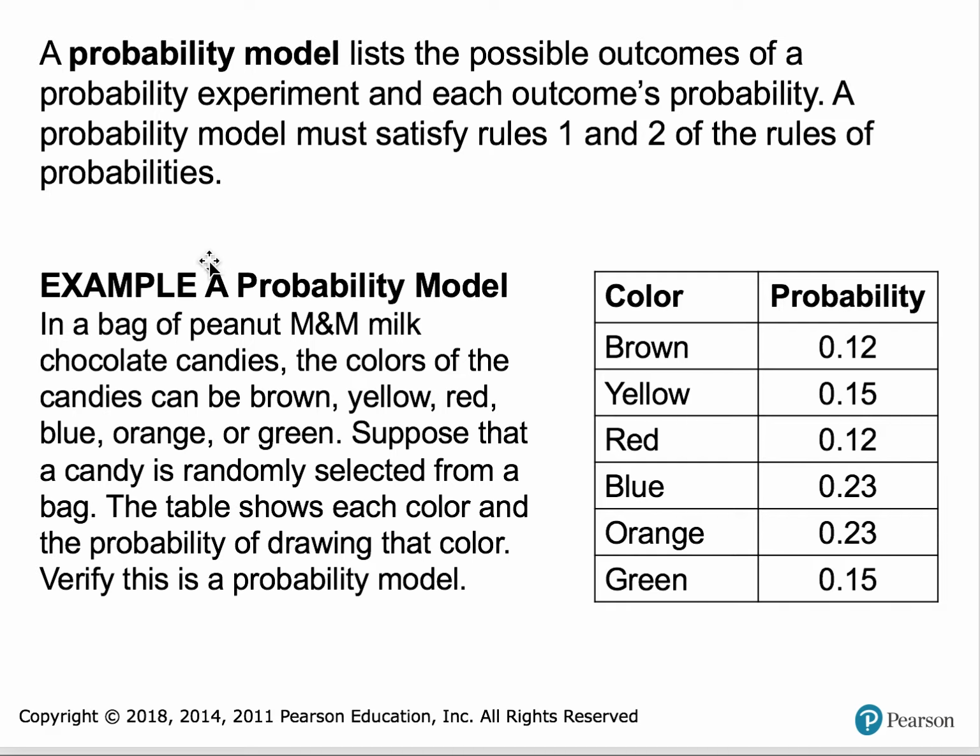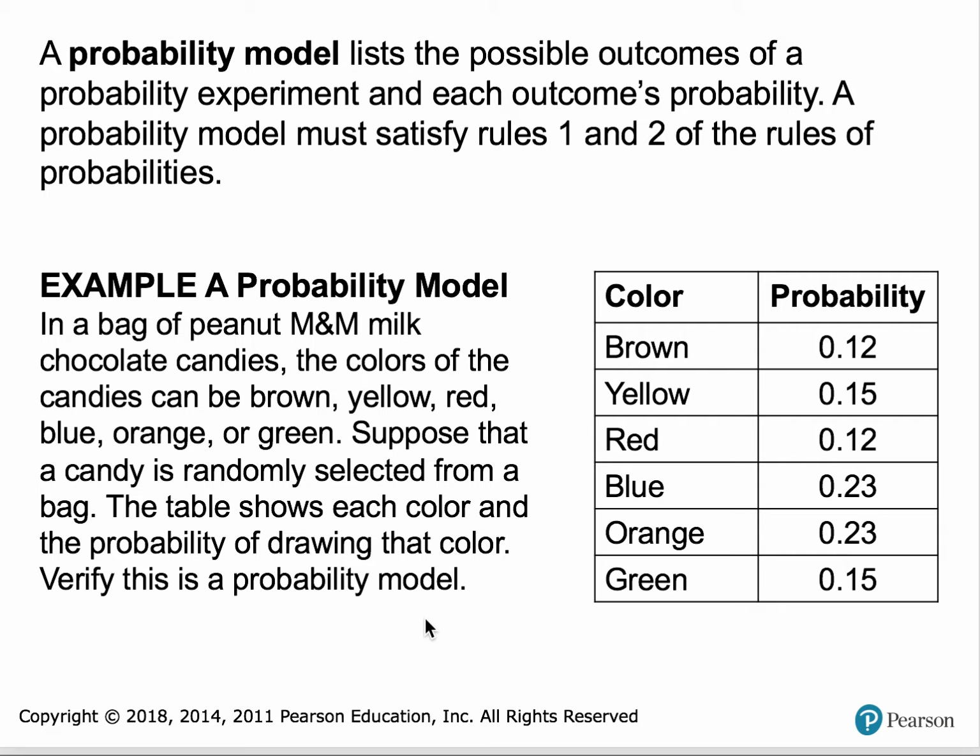So here's an example. It says, in a bag of peanut M&M milk chocolate candies, the colors of the candies can be brown, yellow, red, blue, orange, or green. Suppose that a candy is randomly selected from a bag. This table shows each color and the probability of drawing that color. Verify this is a probability model.